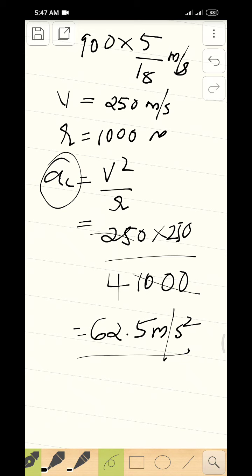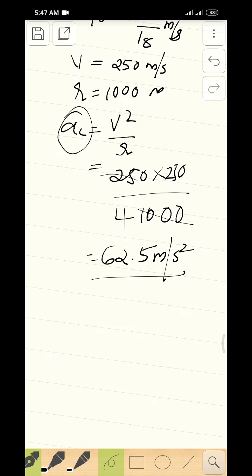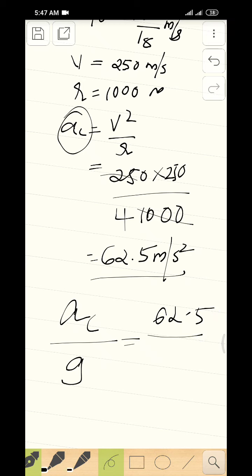Now you have to compare this acceleration value with the gravitational acceleration. That is the question: compare the centripetal acceleration with the acceleration due to gravity. So simply you can take the ratio a_c divided by g, which is 62.5 divided by the g value, which you can take as 9.8.